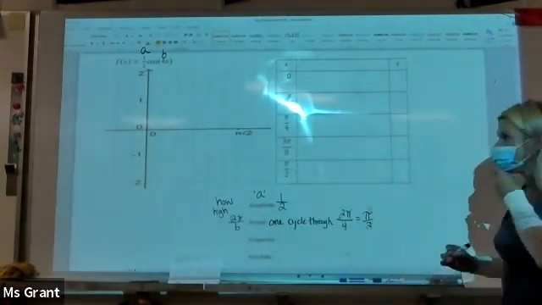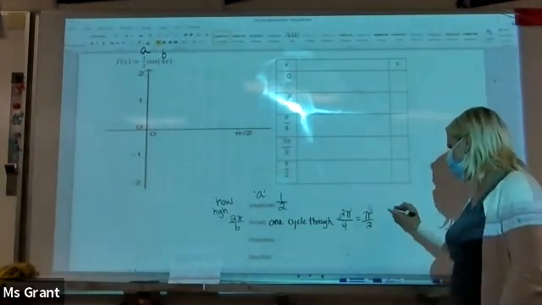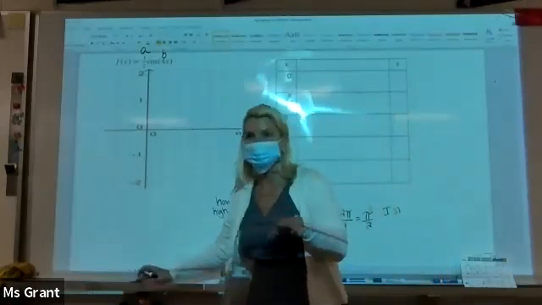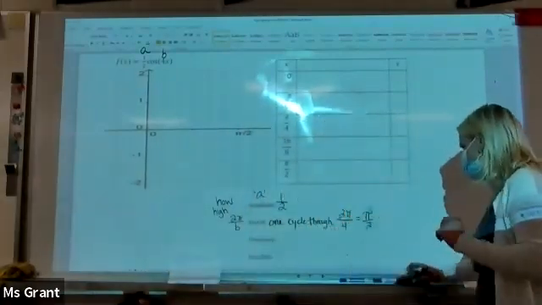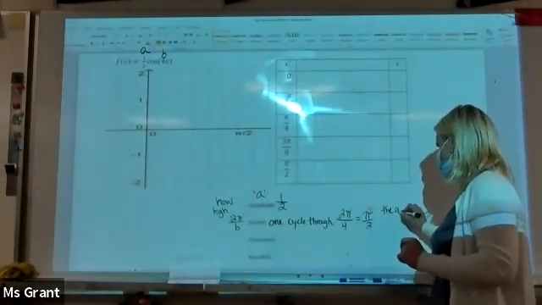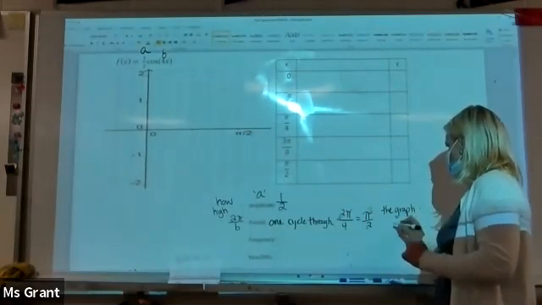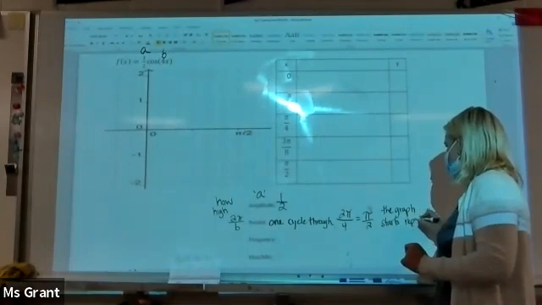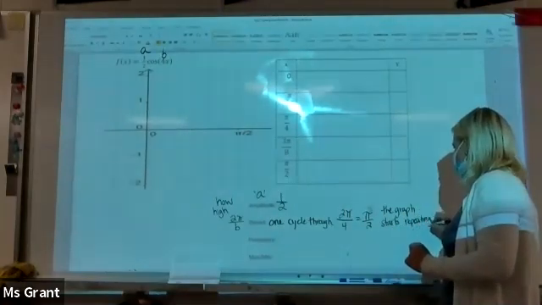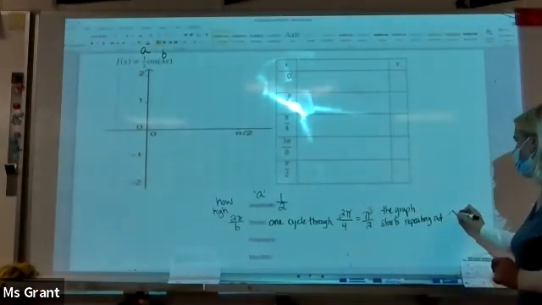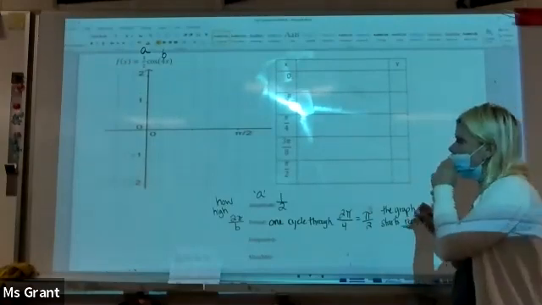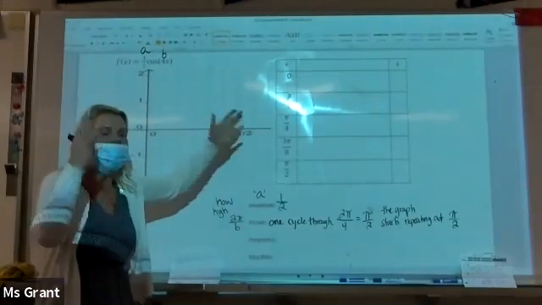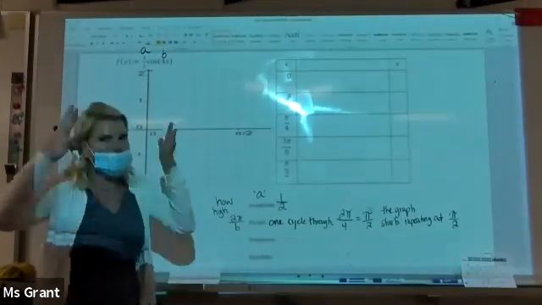That means the graph starts repeating at pi over 2, the end of one period, one cycle.